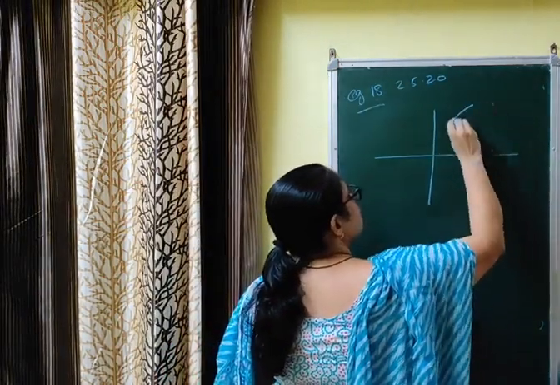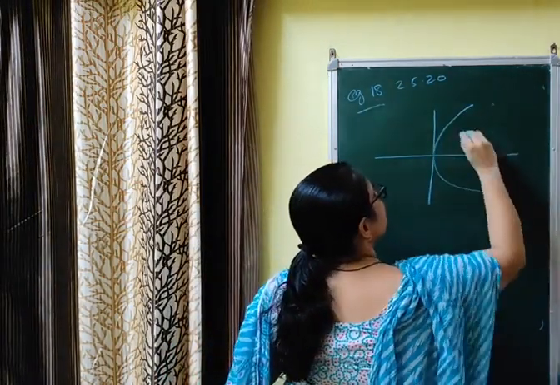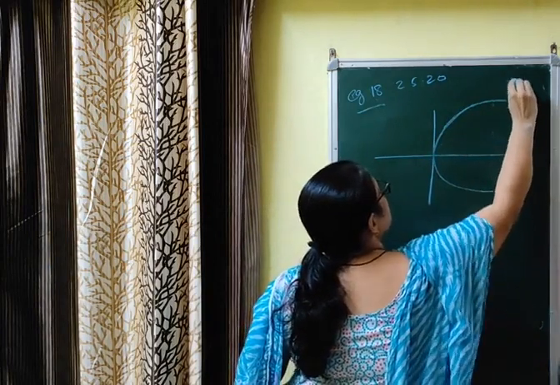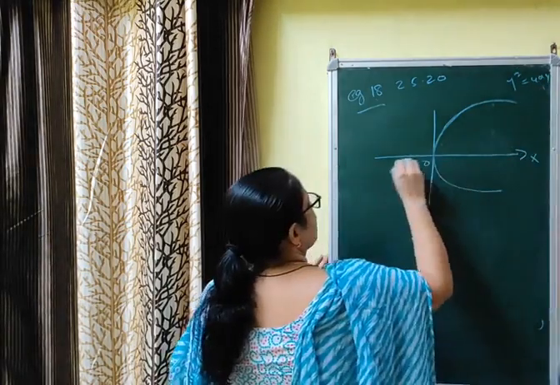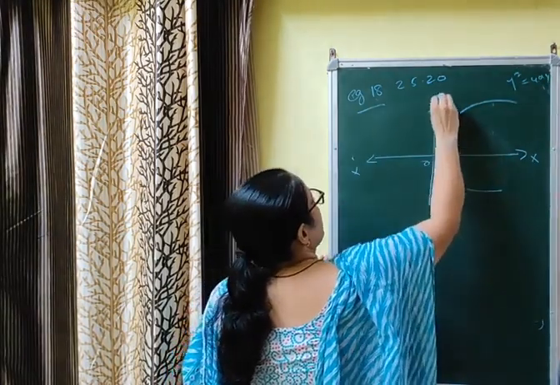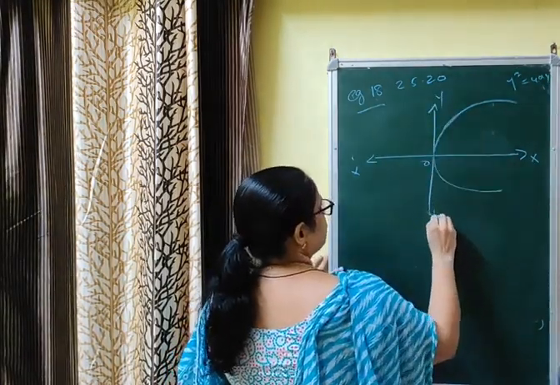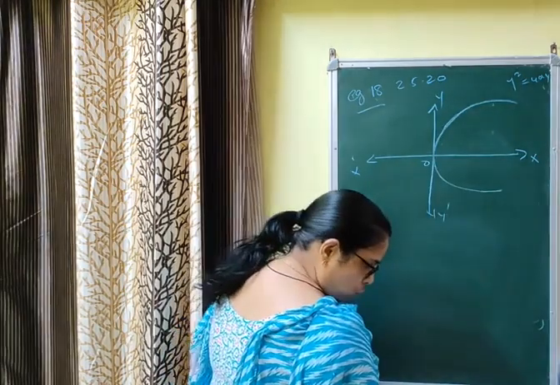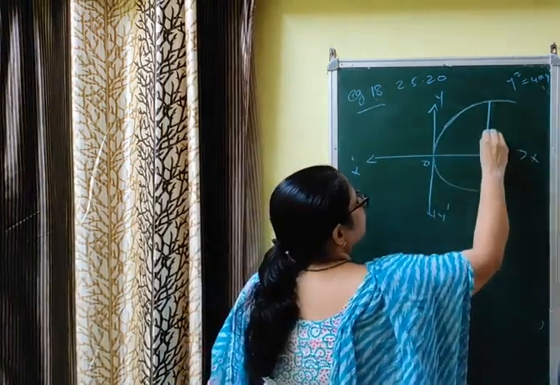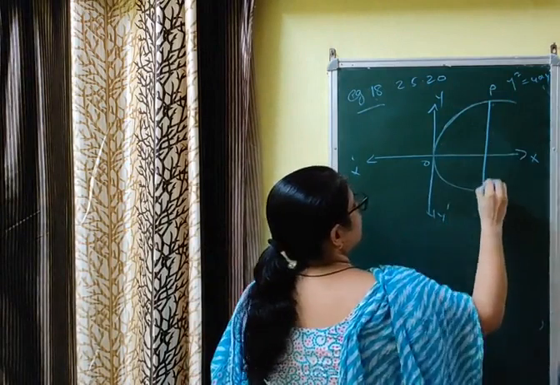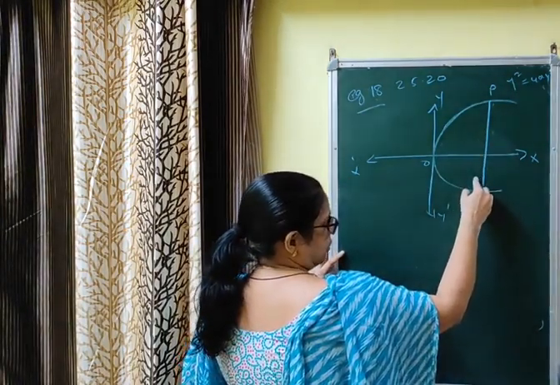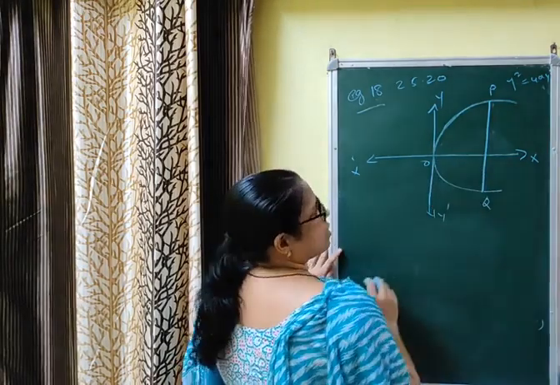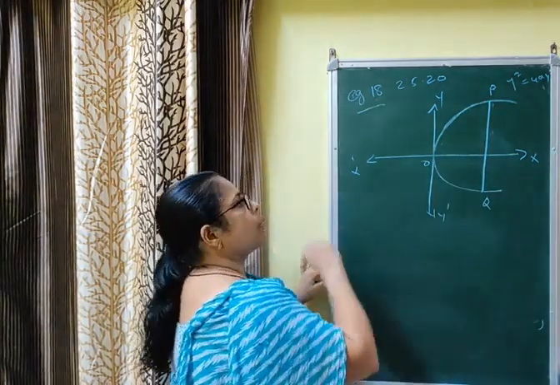First of all, since the parabola is given as y square equal to 4x, it is right-handed. This is the x-axis and x dash, this is y and y dash. You are asked to let the double ordinate be PQ. Double ordinate means the line segment perpendicular to the axis and whose endpoints lie on the parabola.